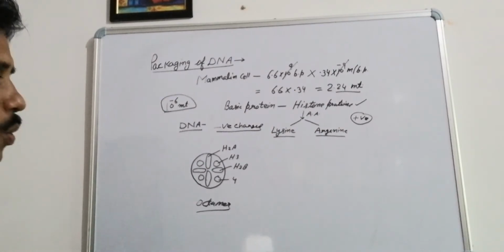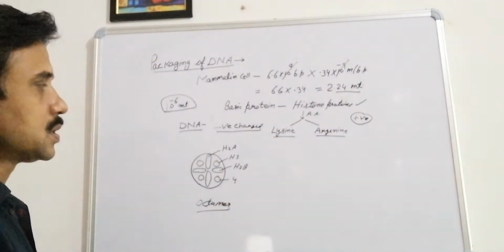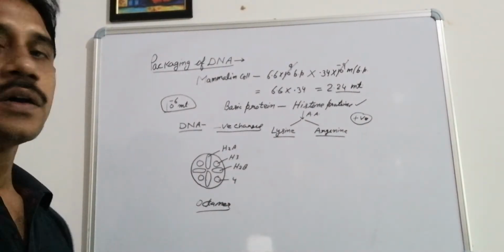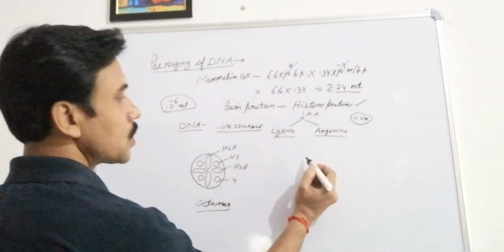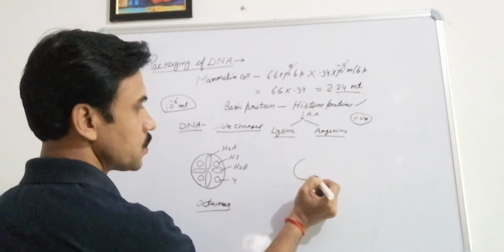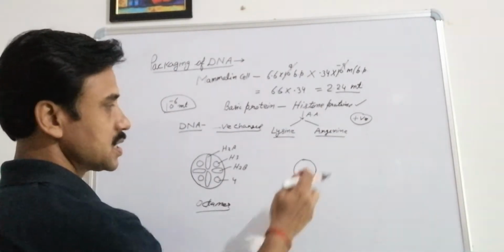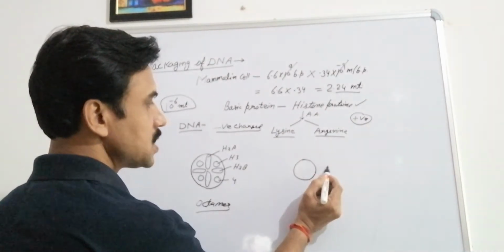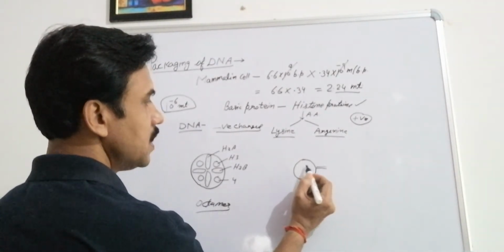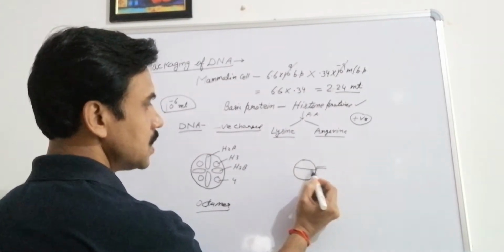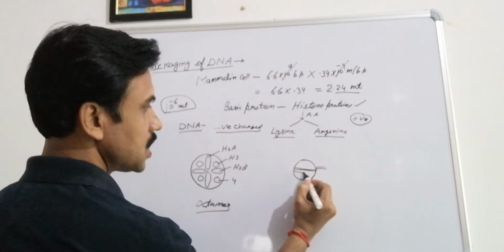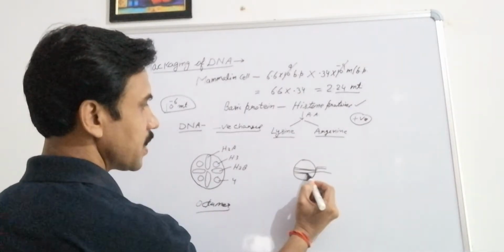Now what happens? Over these histone protein molecules, the DNA will wrap. DNA will show its coiling. Suppose this is the protein octamer, the 8 molecules of histone proteins. The DNA enters from one end, coils over it, surrounds it, and again coils and moves out from here.